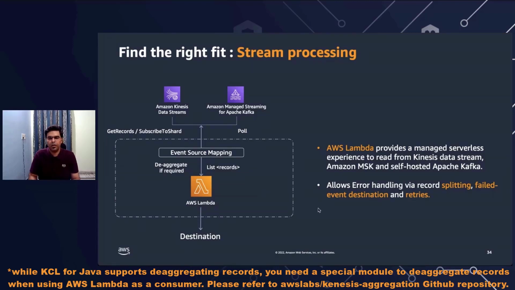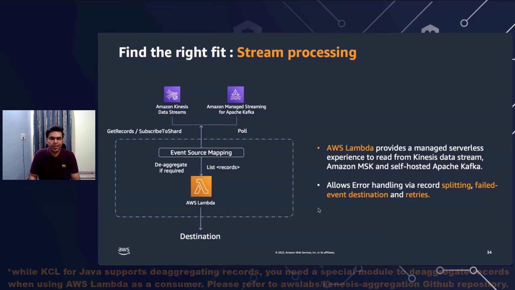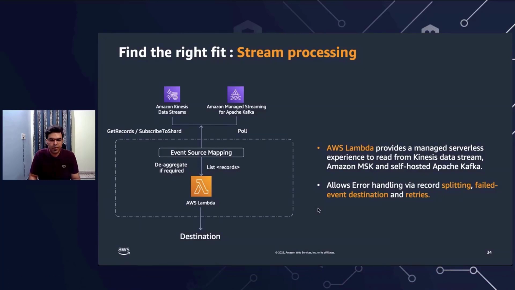So this is a serverless way of reading data from these streams without managing the hassle of the dependent underlying library. The event source mapping for Kinesis data stream is actually an implementation of Kinesis Client Library only. So it can be perceived as a KCL with some default parameters.